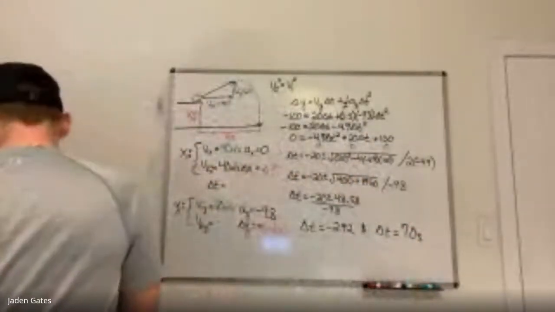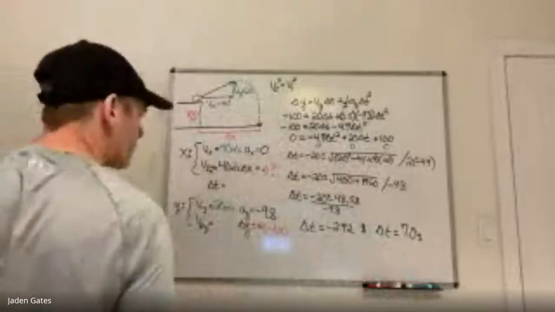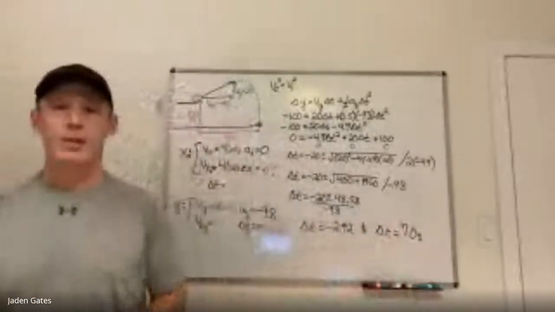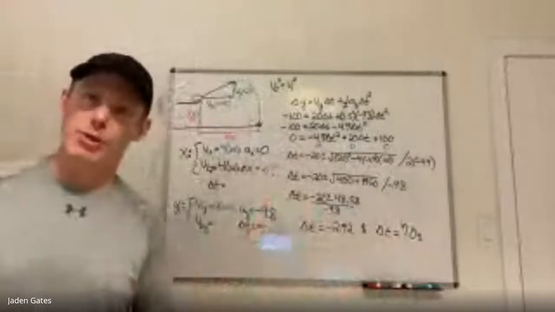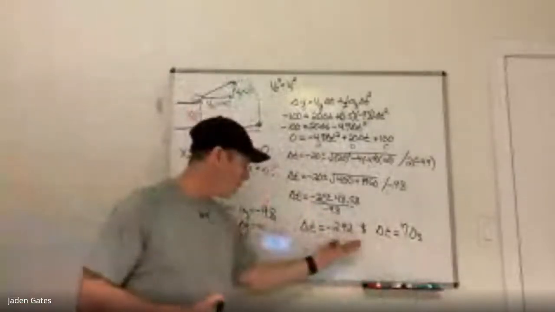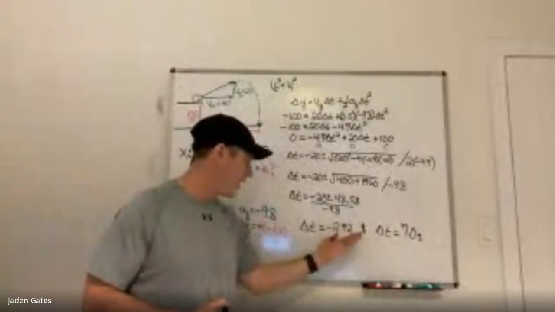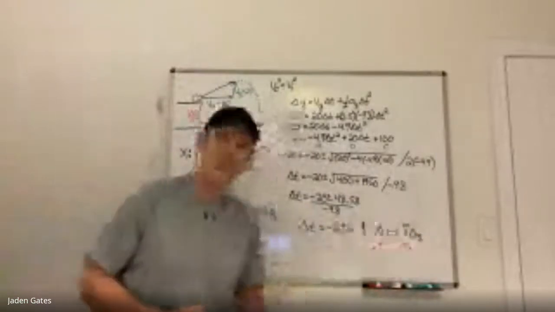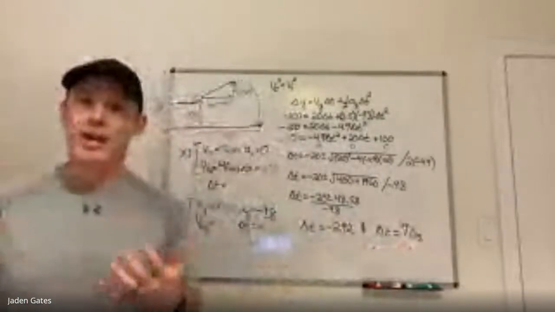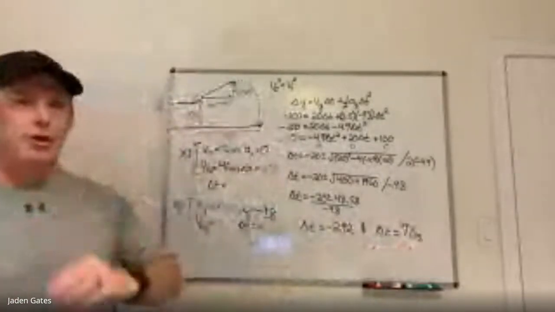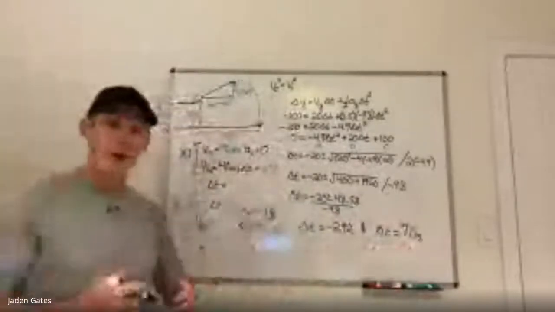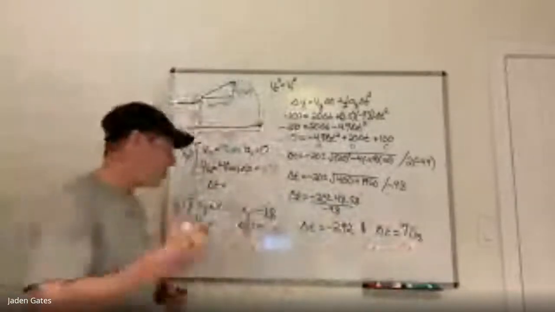All right, now, what I'm looking at here is, I've got 2 times where this cannonball lands. Well, that's not possible. The cannonball only lands 1 time. And so when I look at negative 2.92 seconds and 7 seconds, well, which one is it? You cannot have negative time. And again, I want to stress this is when you're writing a test, if you're in math or anything, if you're getting rid of an answer, you have to tell me why.